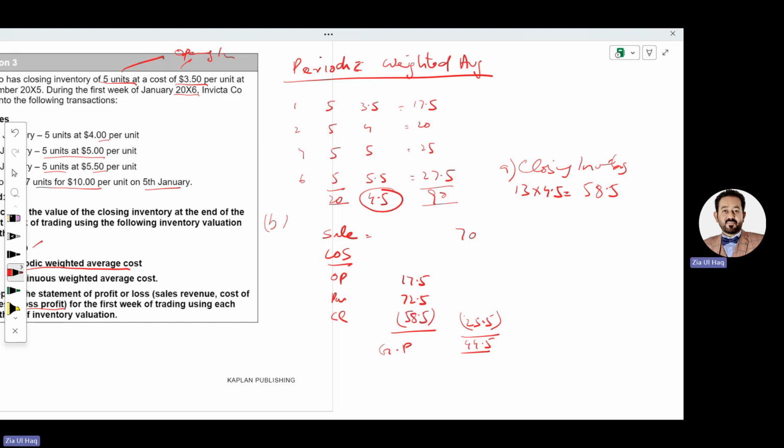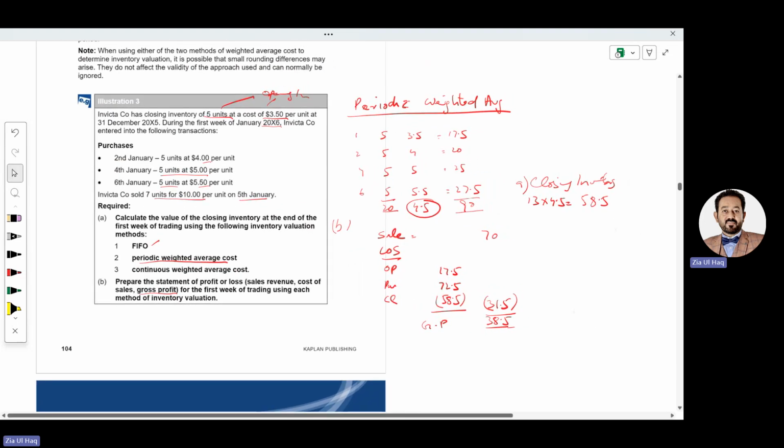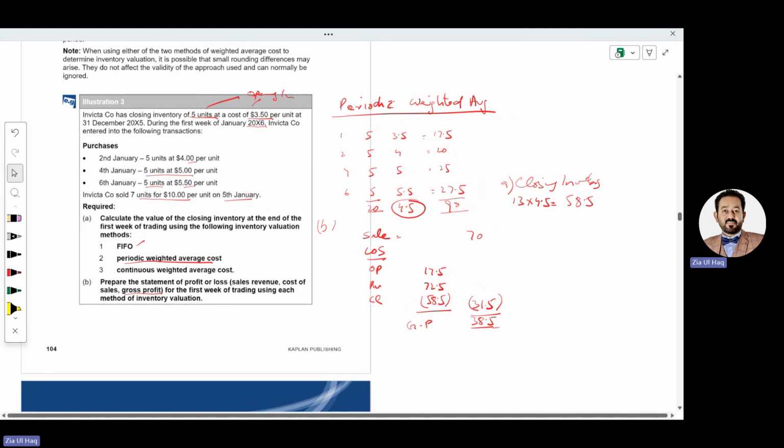So what will be the cost of sale and GP figure? 31.5 is cost of sale and your GP will be 38.5. So we have solved this question using a FIFO method and using periodic average cost method.